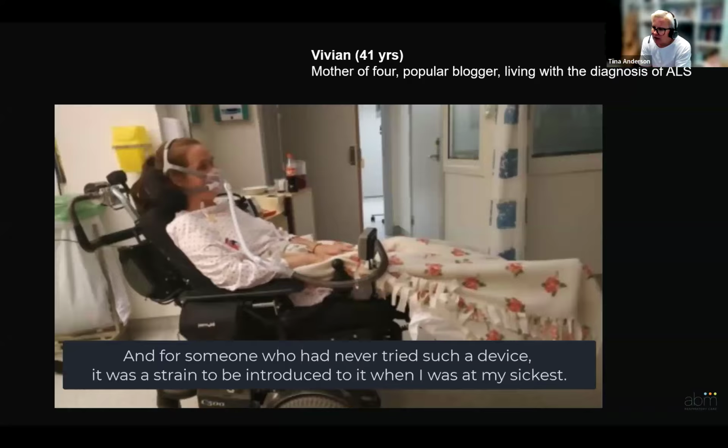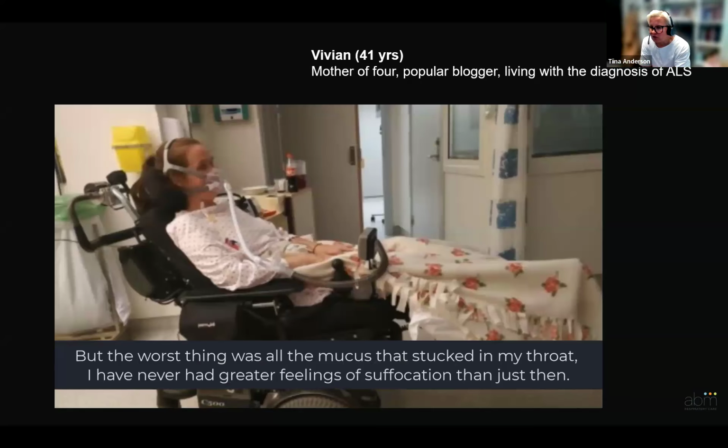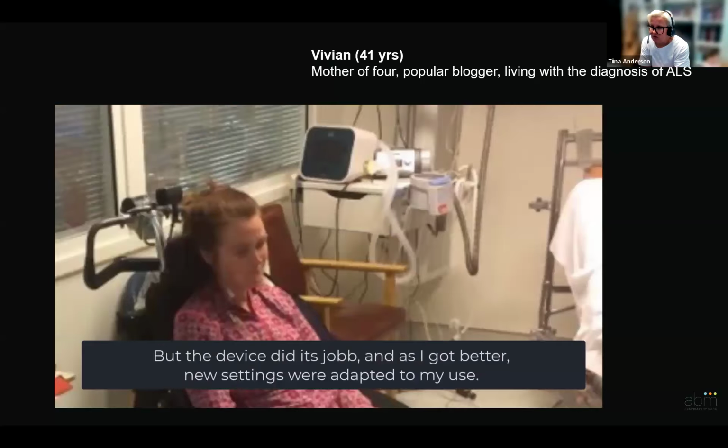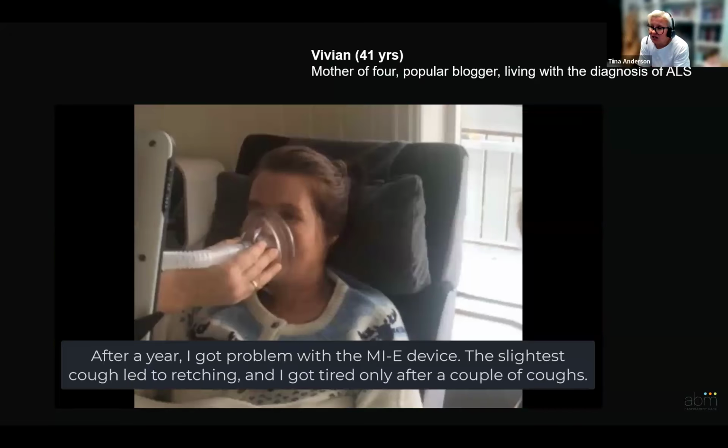And it was quite strange to be introduced when she was so sick. But the worst thing was the mucus that was stuck in her throat. And we really needed to adjust the MIE device every day to see what she tolerated. But we got the mucus up and she got well again.